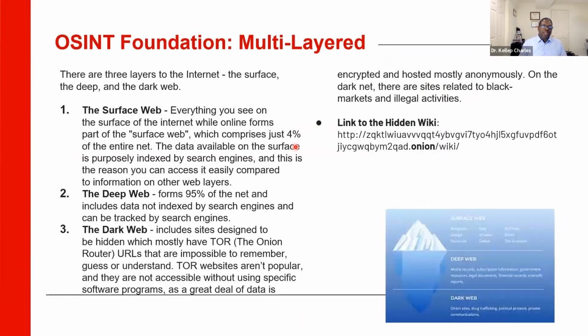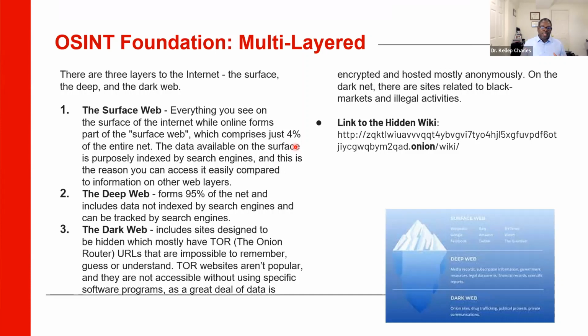When we talk about multi-layered, one of the key things to understand is that 4% of the information that we access when we talk about the internet and cyberspace is on the surface web. It's when you go to Google, when you call up your Google browser and you type the URLs and stuff like that, you're only dealing with 4% of the information that's on the entire net.